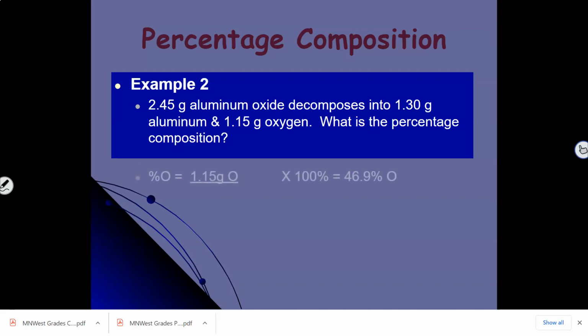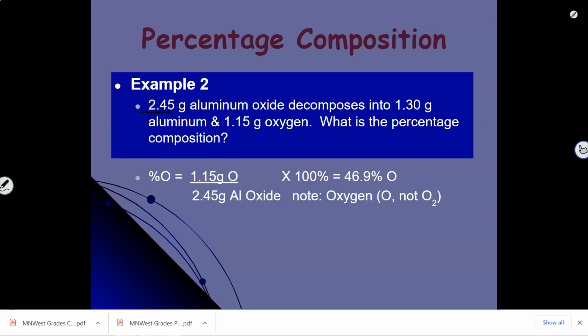To figure out the percent of oxygen, I'm going to take the amount of oxygen divided by the amount of the compound, the aluminum oxide. So this is the total that I have for the substance, and this is for the oxygen. I would get my percent of 46.9%.